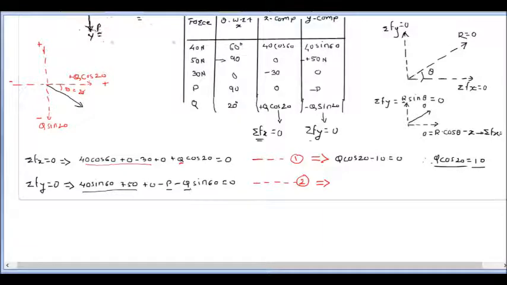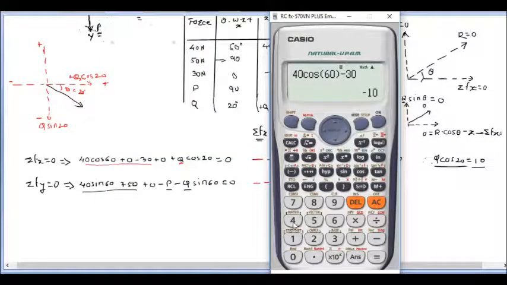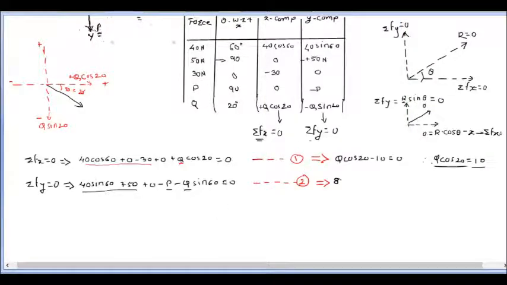So we will add up all these things first, that is 40 sine of 60 plus 50, and we'll keep all these things as they are, so that is 84.64. So 84.64 minus p minus q sine of 60 is equal to 0.